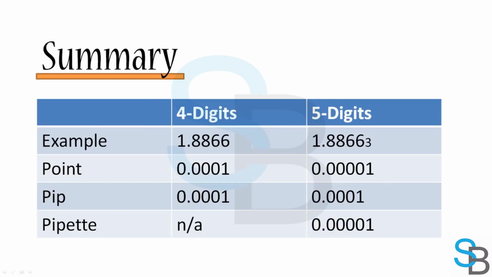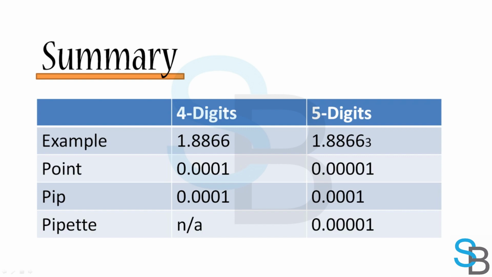So just to sum up, we've got the 4-digit system and the 5-digit system. An example is the British pound Australian dollar quotation that we looked at, 1.8866 in the 4 digits, 1.88663 in the 5 digits. 1 point is always the minimum change. In the 4 digits system, it's 0.0001. In the 5-digit system, it's 0.00001.